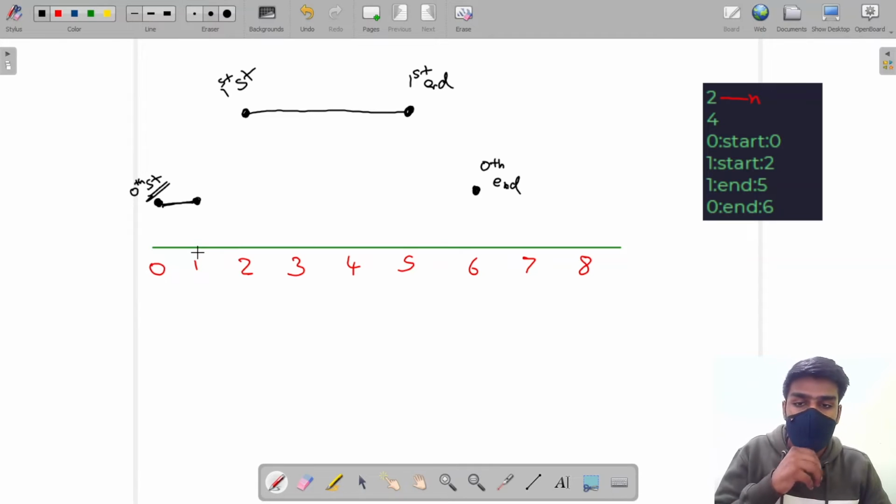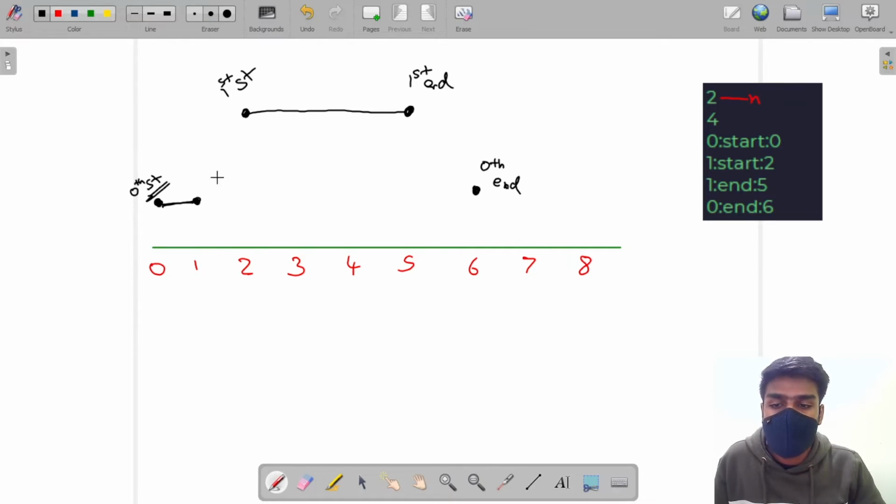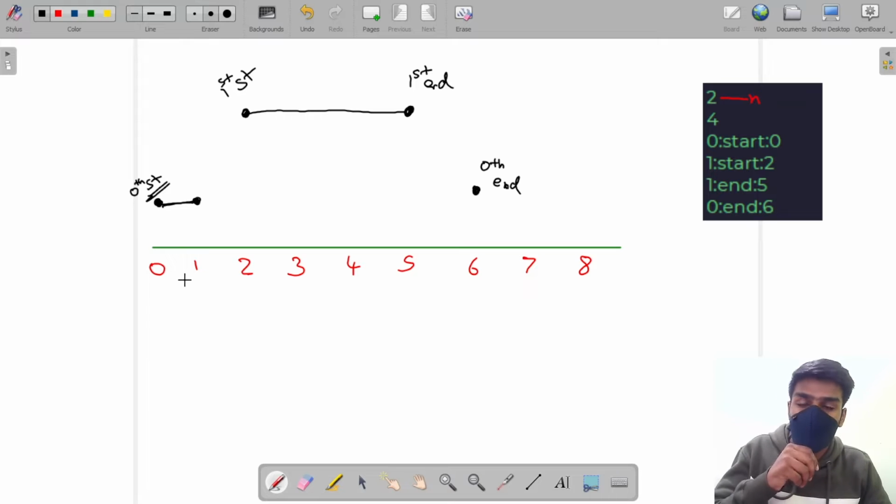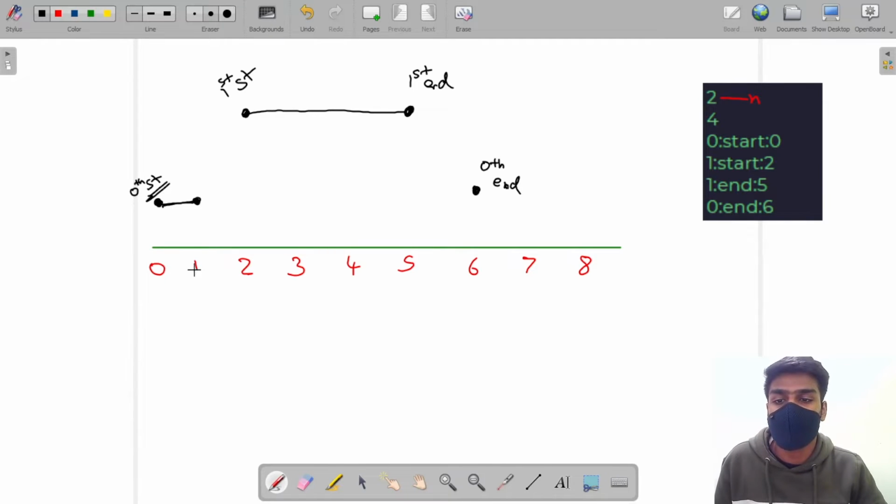So what's the interval? The interval is basically ending point minus starting point plus 1. But if I have some child functions also, then I will subtract the child functions, and that's my final interval. So I will find the interval for 0.